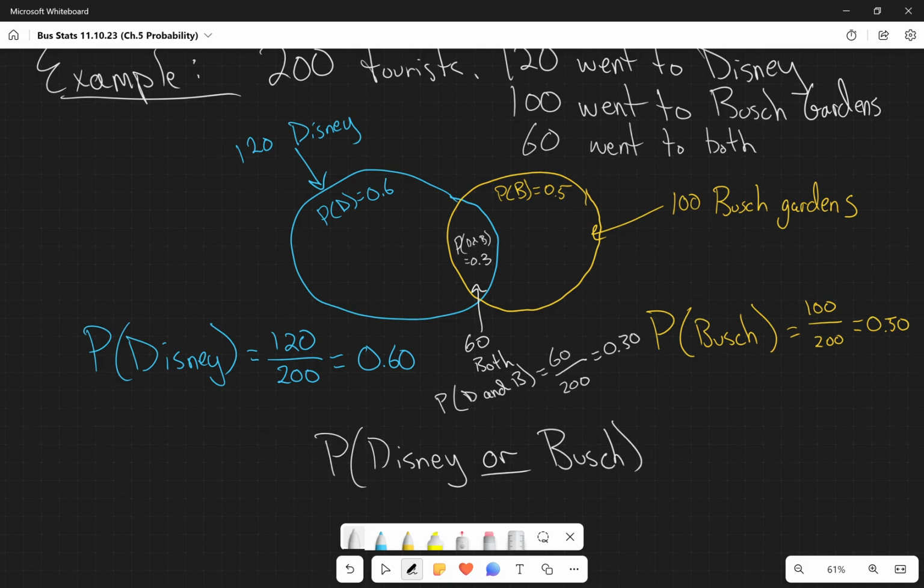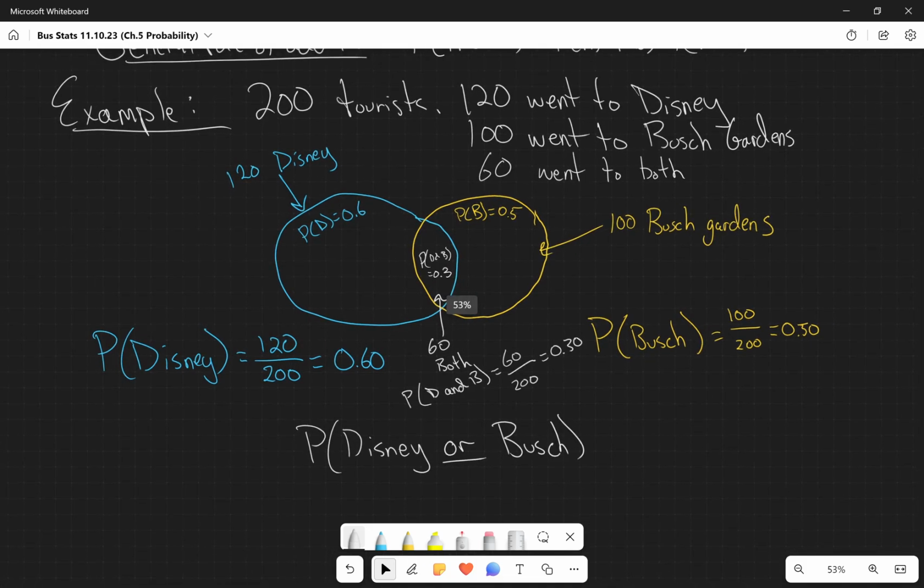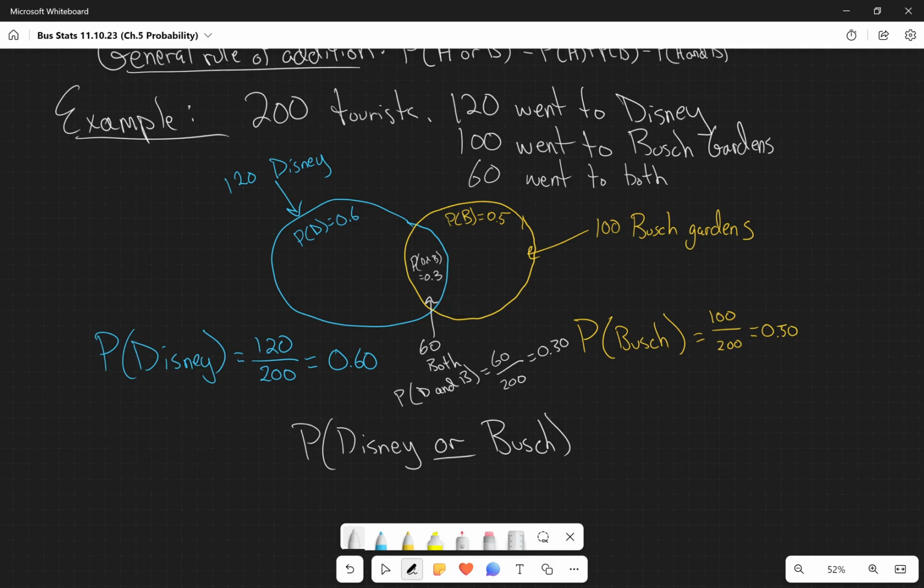And so in order to figure out the probability of them going to Disney or Busch Gardens, we're going to have to use all three of these probabilities that we just came up with, right? And we're going to use our general rule of addition up here.